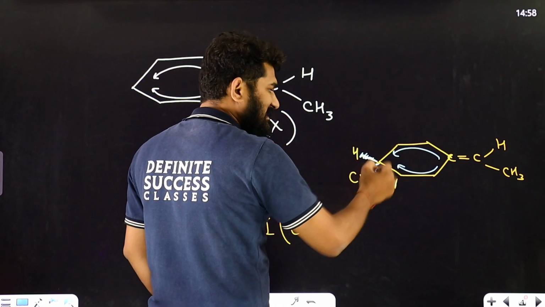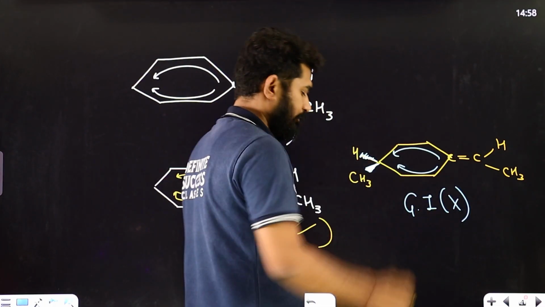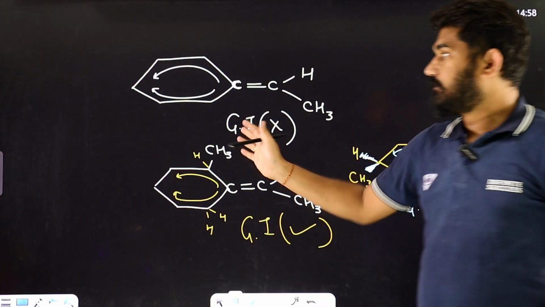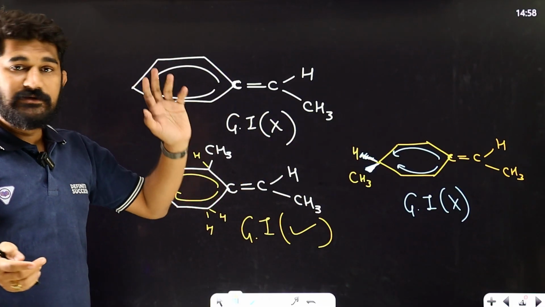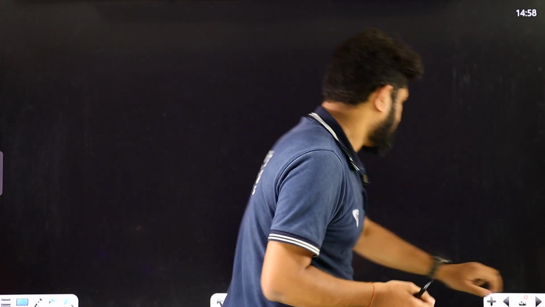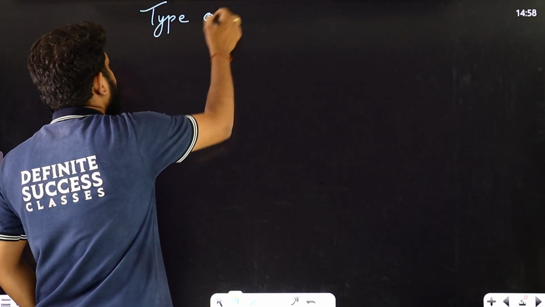So this is the same for both sides, so it will not show any geometrical isomerism, right? These are the types where we can differentiate between the compounds which can show geometrical isomerism and which do not. Coming on to the next part, we'll talk about types of geometrical isomerism.